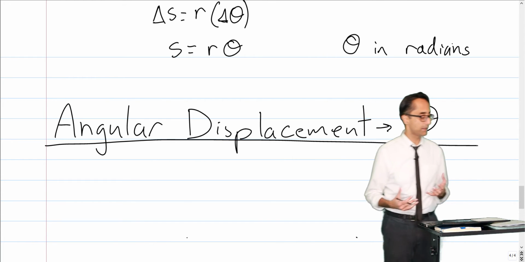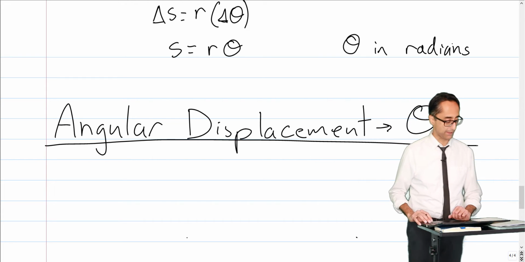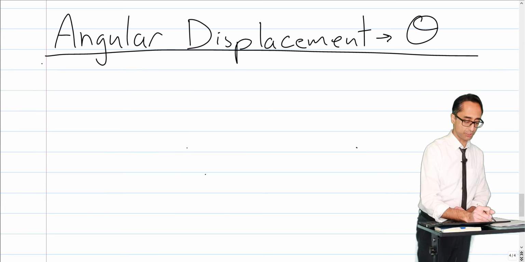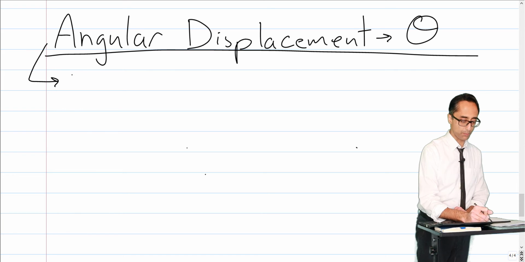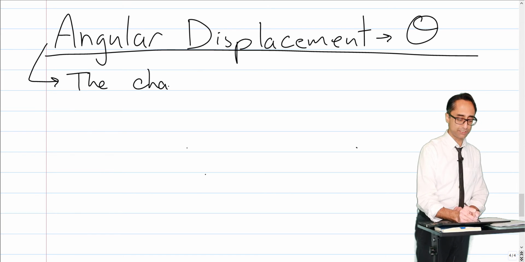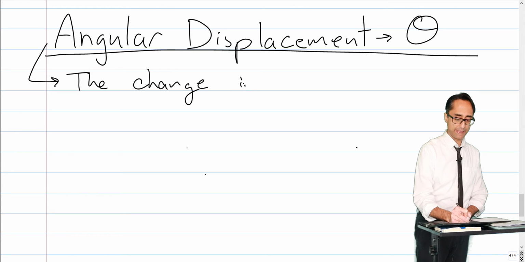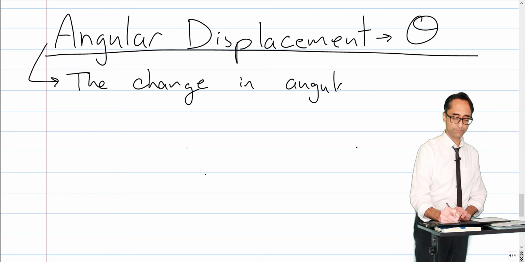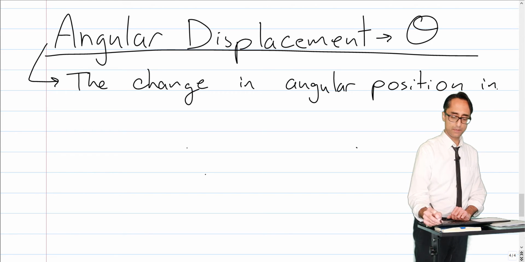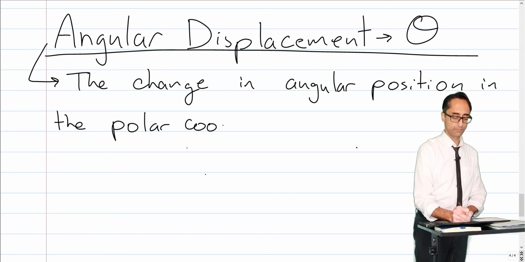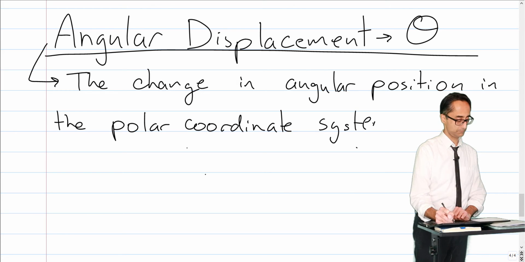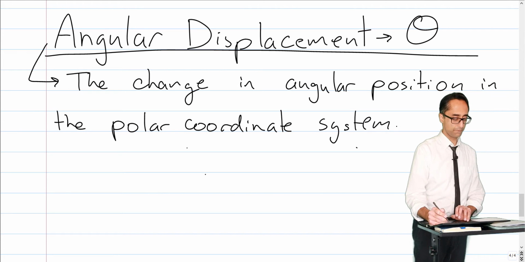It's really delta theta, but for us, we're just going to call it theta, because theta is going to be, just as we have defined in our polar coordinate system, the change in angular position in the polar coordinate system accounting for multiple rotations. What does that mean? I'll show you in a second.